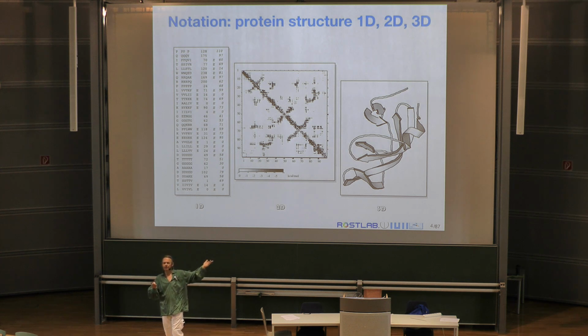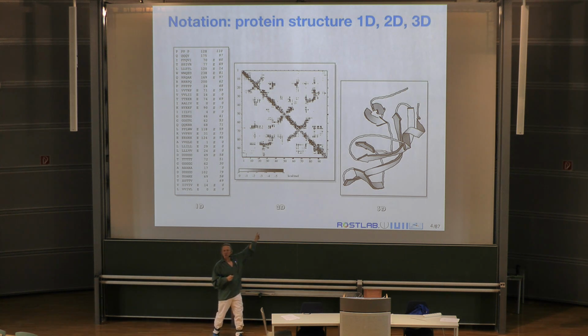There was a question: can we go from 2D to 3D and backwards without loss of information? You can go from 2D to 3D and from 3D to 2D without losing information. Correct, but not completely correct. There is one caveat: the mirror image. When you go from 2D to 3D, the image and its mirror look exactly the same in terms of the distance map.